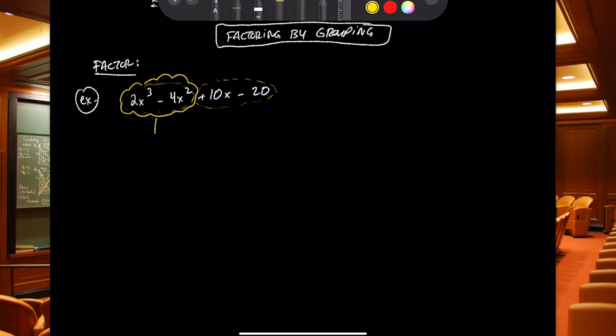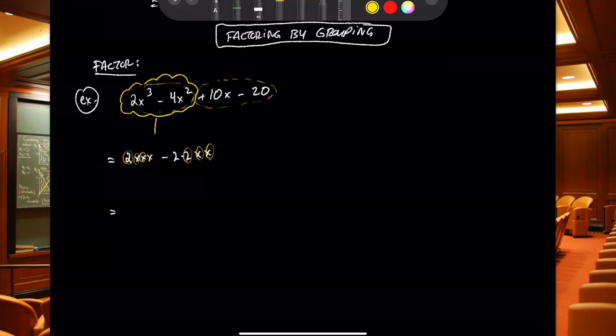So what must have been distributed here? We'll do a GCF method here. We see this is 2x cubed, so that's 2·x·x·x, and minus 4 is just 2 times 2·x·x, right? And so what could have been the thing that was distributed here? Well, it looks like 2x·x, or 2x squared, right? 2 and 2 x's.